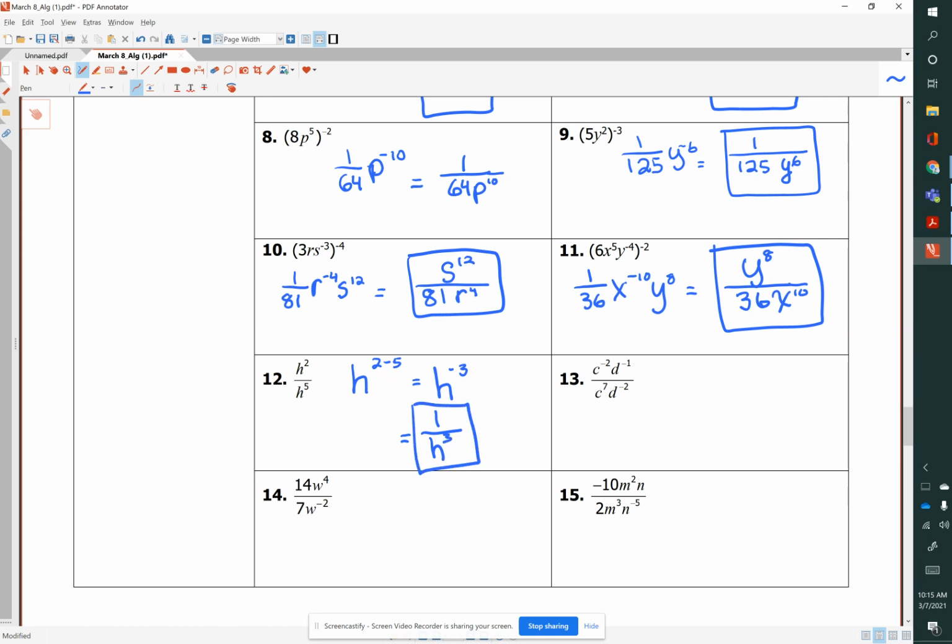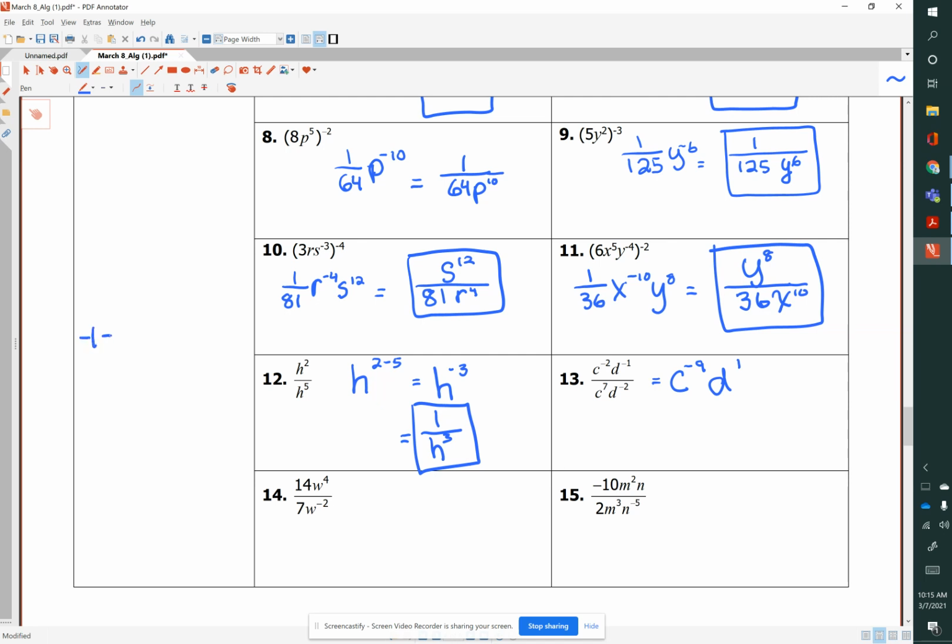And number 13, again, we subtract exponents. So negative 2 minus 7 would be negative 9. D, negative 1 minus negative 2 is actually going to be a positive 1, because it's negative 1 minus negative 2. Let's put this over here.